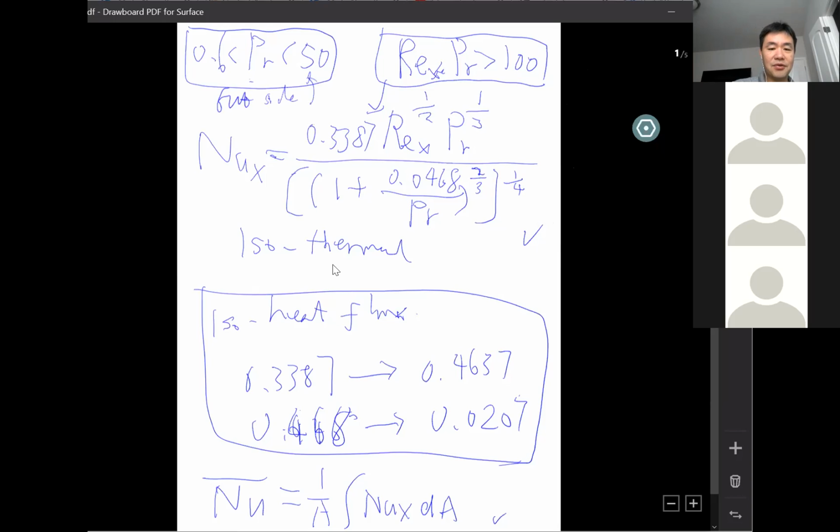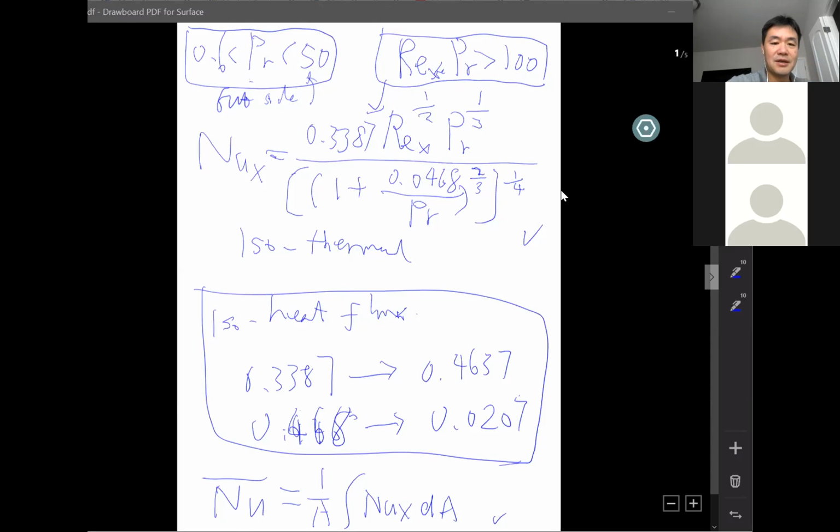For the iso heat flux condition, basically the two coefficients change: this coefficient changes to 0.46, and the coefficient in the denominator changes to 0.0207. This is for iso heat flux, and the other equation is for isothermal. It's for the Prandtl number outside this range, but it still has a limit: the product of the Reynolds number and the Prandtl number should be greater than 100. So remember those limitations for each equation.